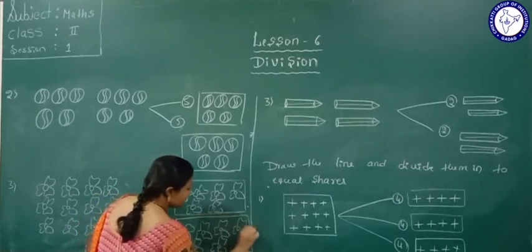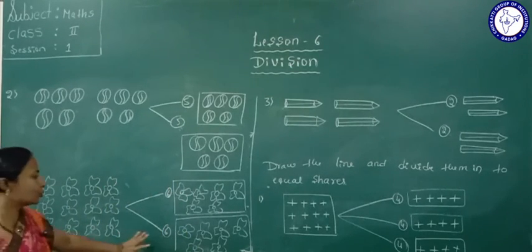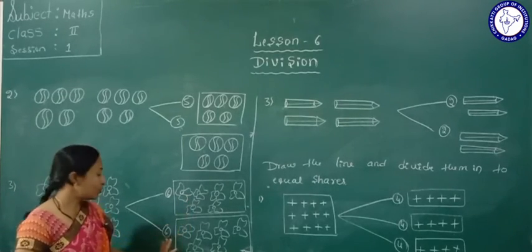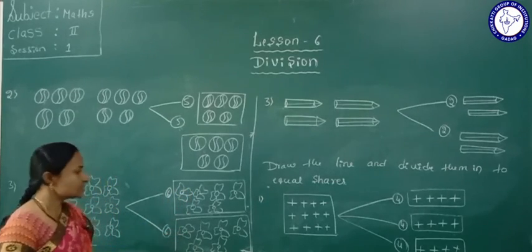This is second group. Yes, so there are totally 12 flowers they have given here. So we distributed 2 groups. Okay, so equally we will distribute 2 groups. That is, in one group 6 flowers and in another group 6 flowers.